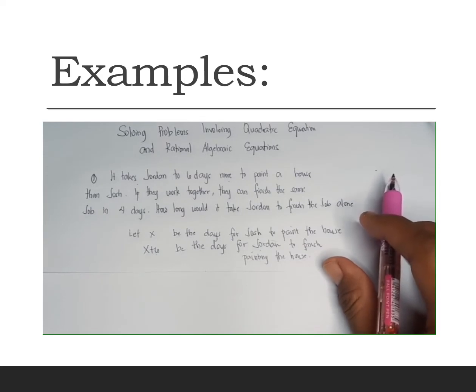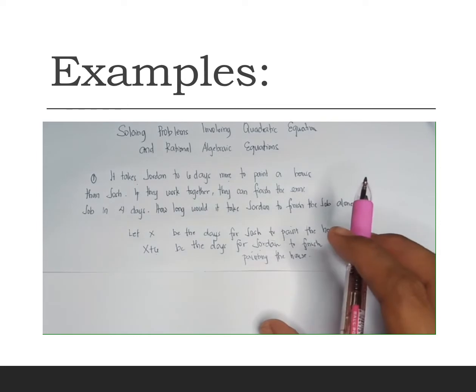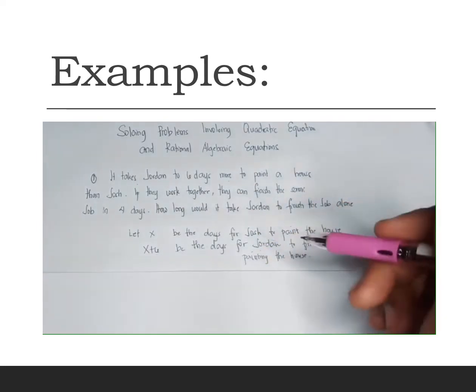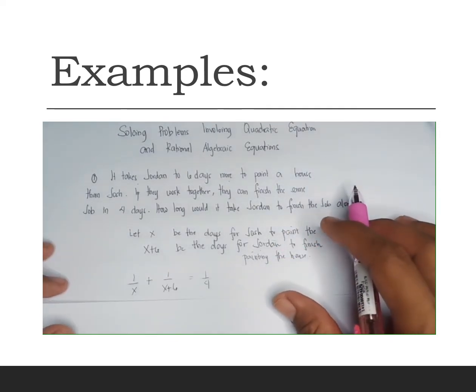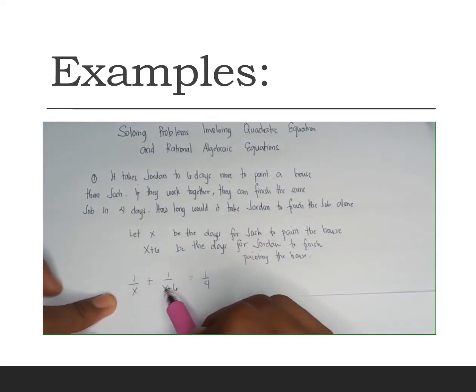And for our next step, the translation, we will translate or formulate an equation based from the representation and the problem. So we have here 1 over x plus 1 over x plus 6 is equal to 1 over 4.